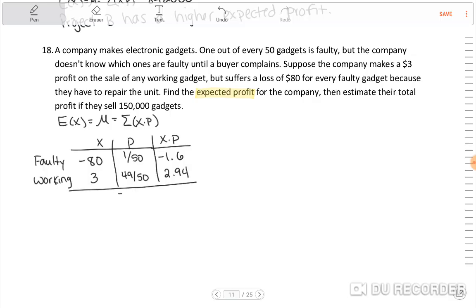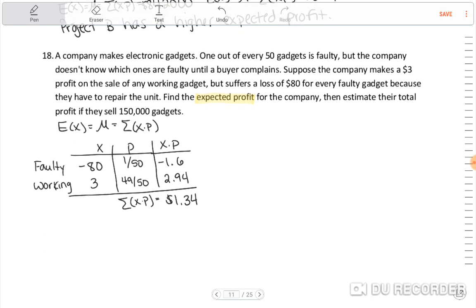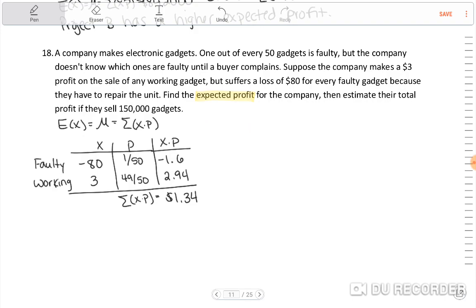All right, so if we total those, what do we get? Well, we get 1.34. By the way, these up here were dollars as well. Okay. So the expected profit is going to be $1.34.